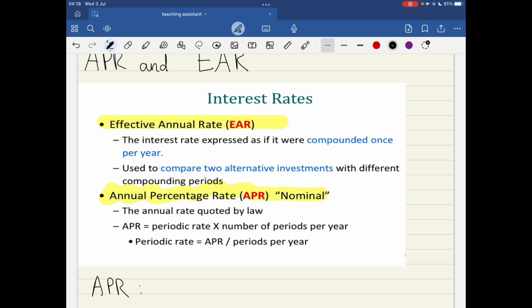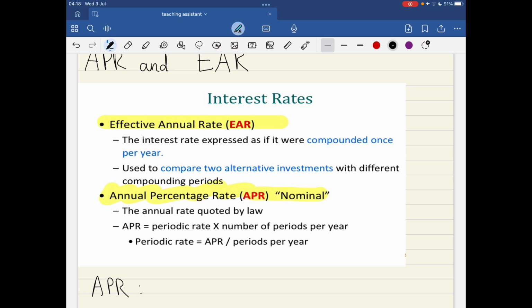Meanwhile, the annual percentage rate, APR, or the nominal interest rate, is the annual rate quoted by law, and this annual percentage rate is what people often see in real life. The formula for APR is equal to the periodic rate multiplied by the number of periods per year.